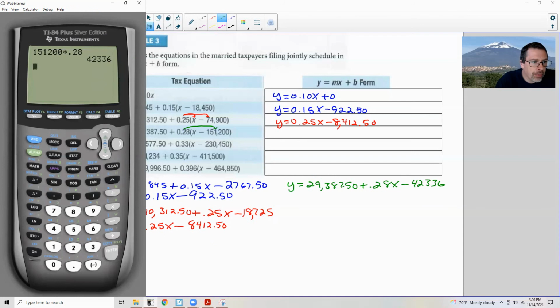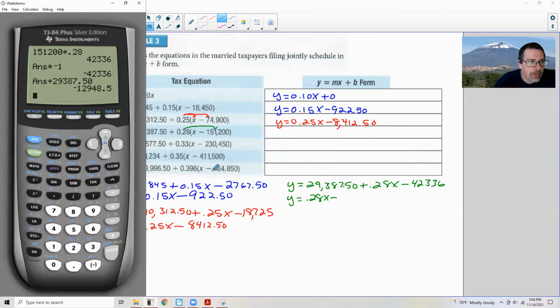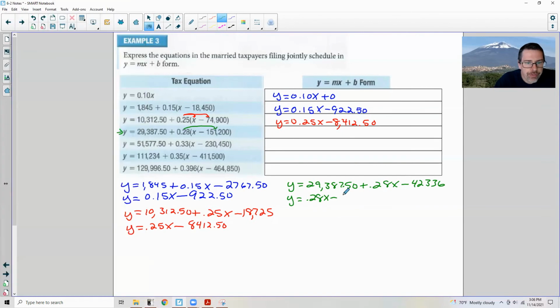So then I'm going to multiply that by -1 and add 29,387.50. I get -12,948.50. So y is going to equal 0.28x minus 12,948.50.